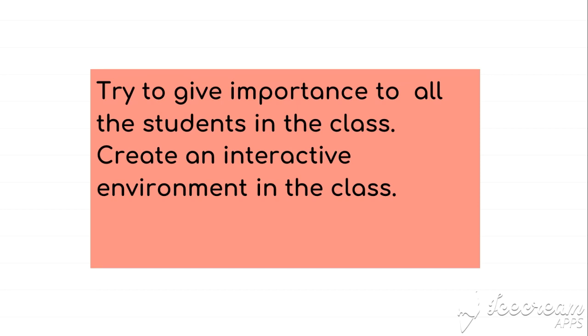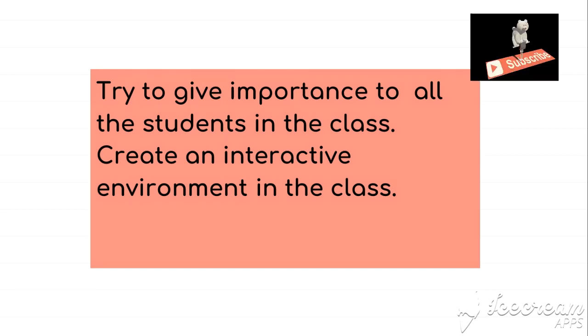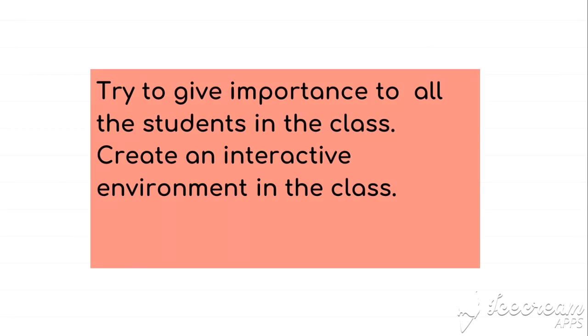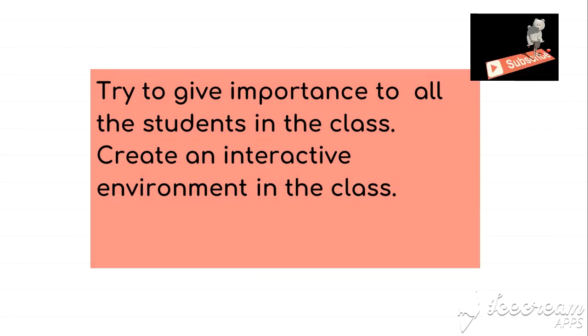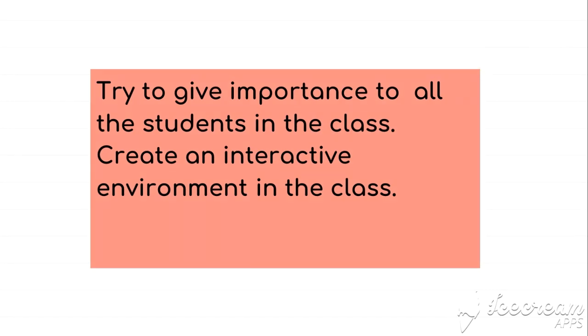So the very first thing, you try to give importance to all the students in the class. You must create an atmosphere where you give importance to all the students, such that you don't ignore them at any cost. This is a little thing that everyone expects from others. Even as teachers, we expect this from our colleagues and from all the parallel teachers.